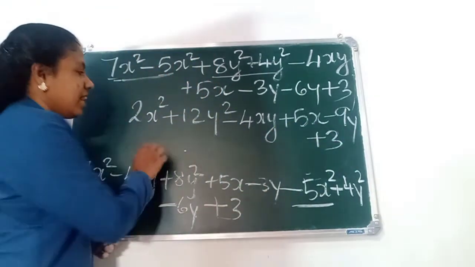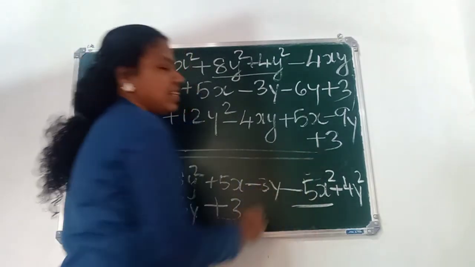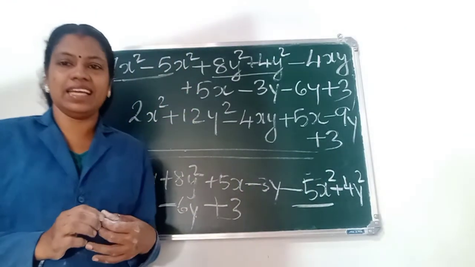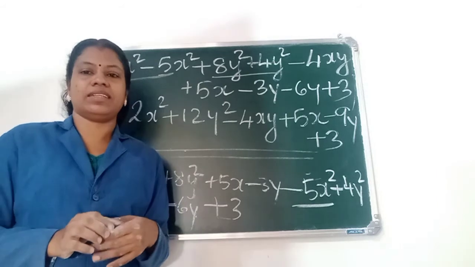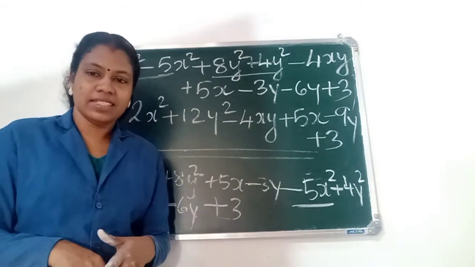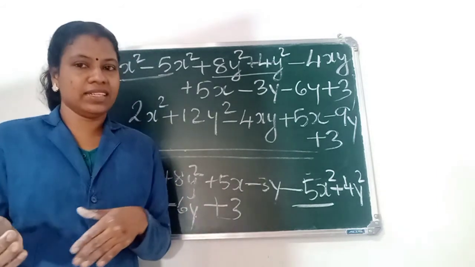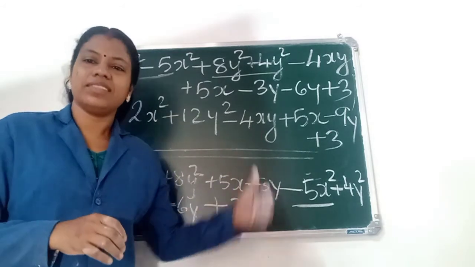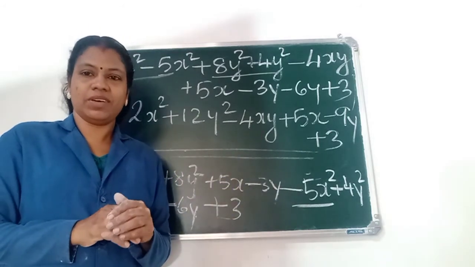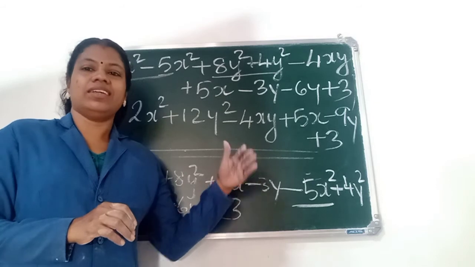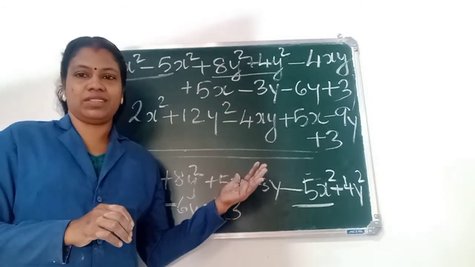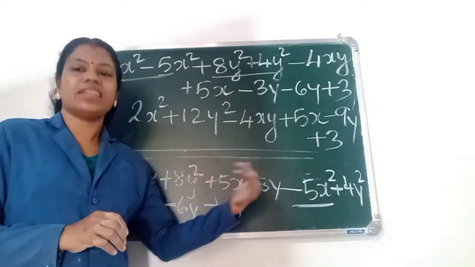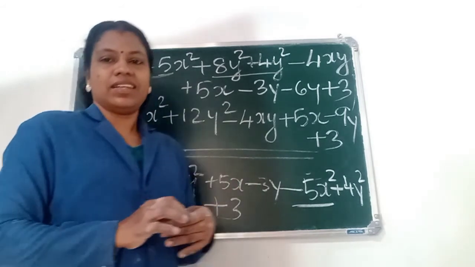So this is the result. Clear? Arrange the like terms and unlike terms, then solve and simplify, reduce. So this is the result.